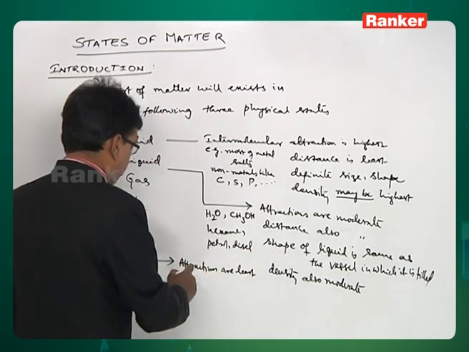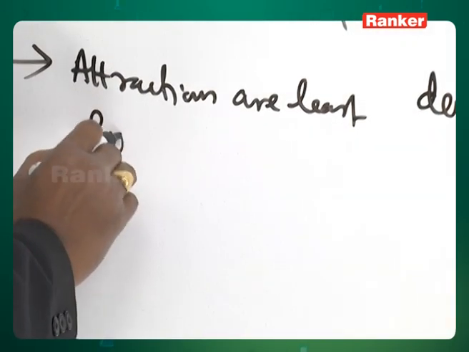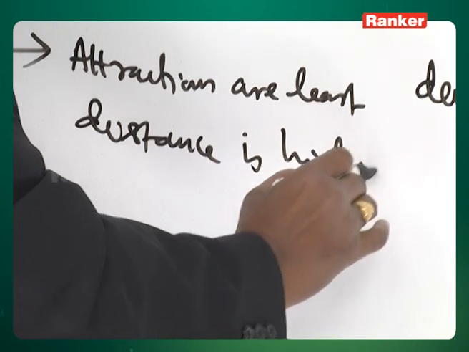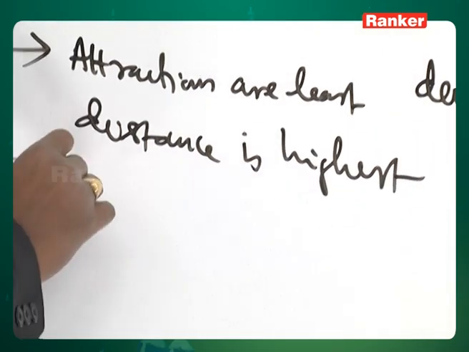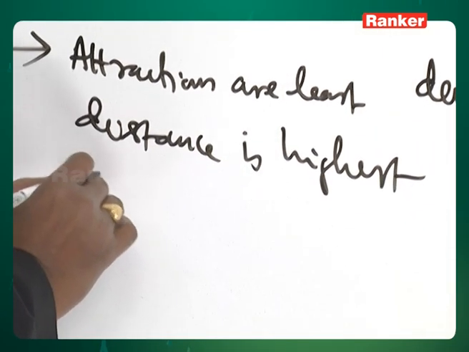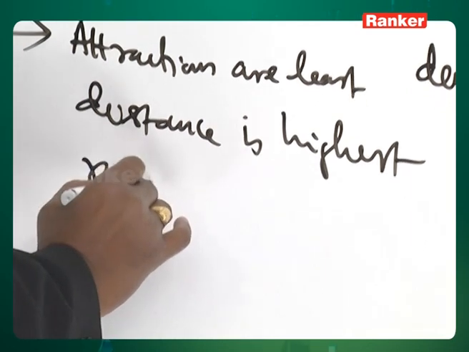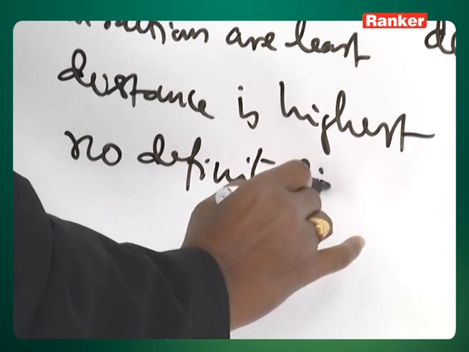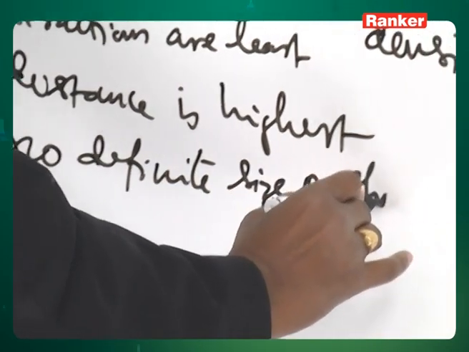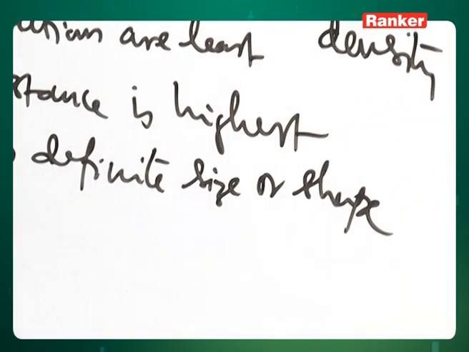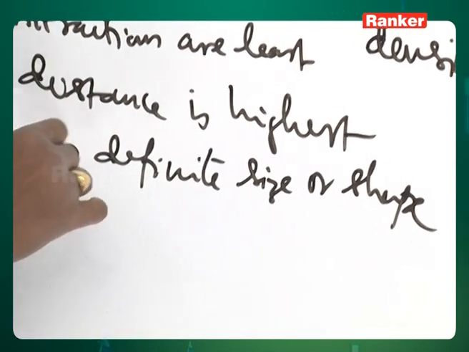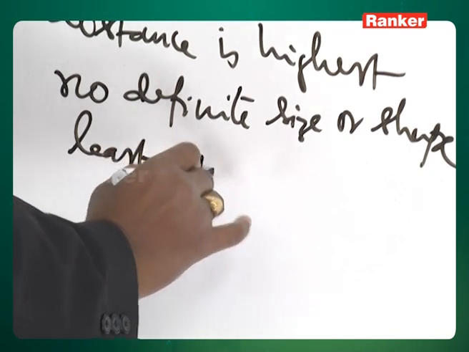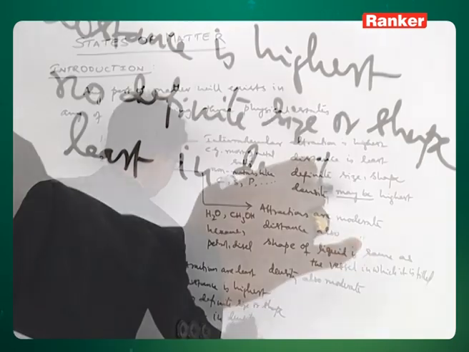So, attractions are least, intermolecular distance is highest, there is no definite size or shape, and generally the density is least.